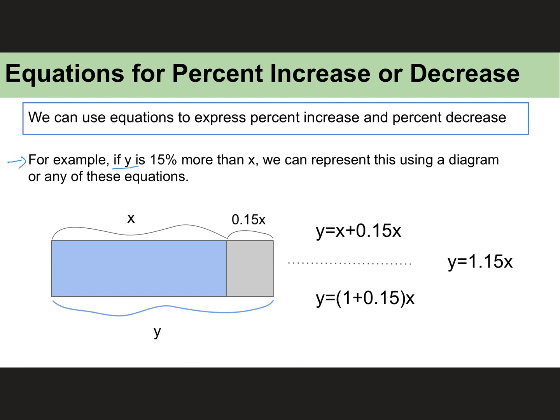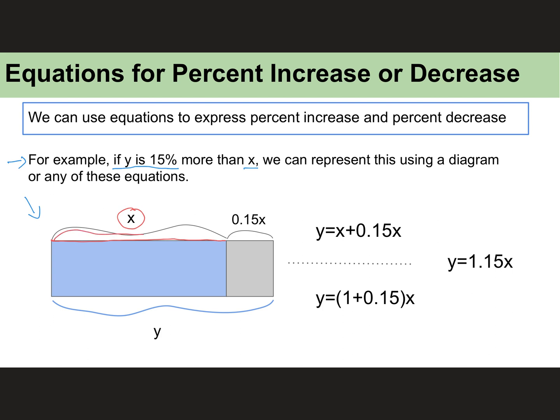If y is 15% more than x, so we know that y is bigger than x, we can represent this using a diagram or any of these equations. So here we have a diagram. We'll start down here. To begin, we have x. This is our x, and x is represented by this distance, this much space.